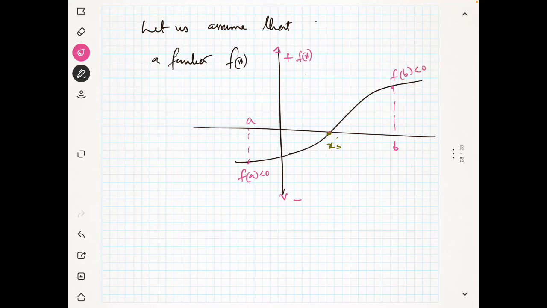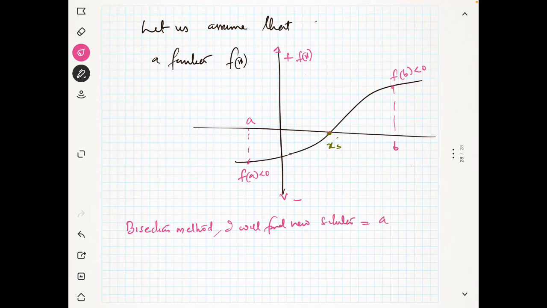Okay, so f of B, now the solution is between A and B. Now in the bisection method, I will find a new solution, because the new solution is between A and B, by taking the average.